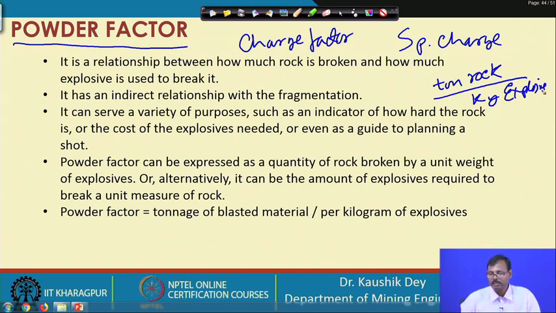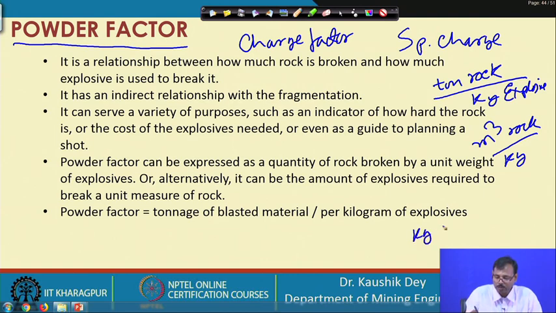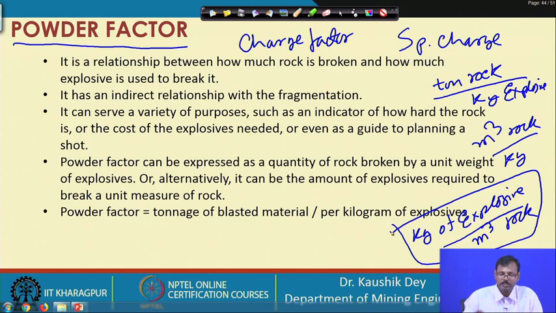In some cases it is also expressed in terms of cubic meters of rock produced per kg of explosive, or in the reverse way it may be expressed as the kg of explosive required to excavate 1 cubic meter of rock. So, whatever it is, basically the idea is the same.